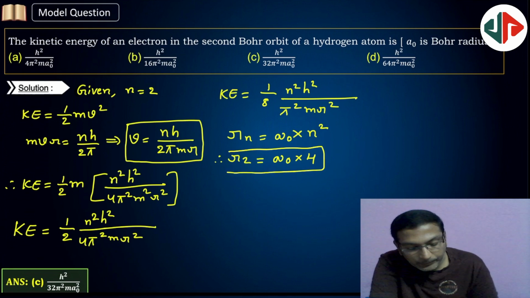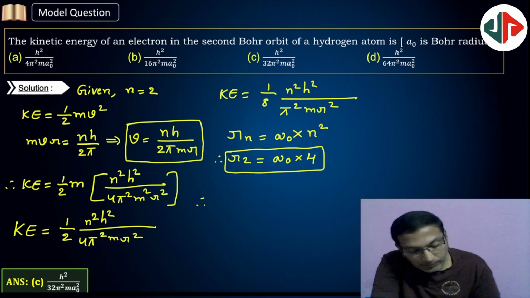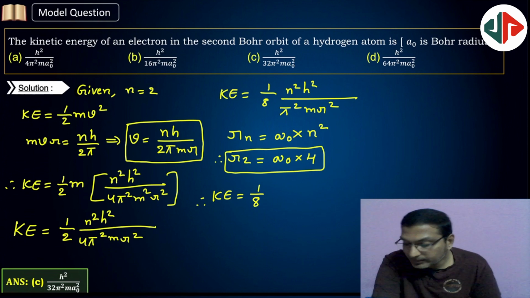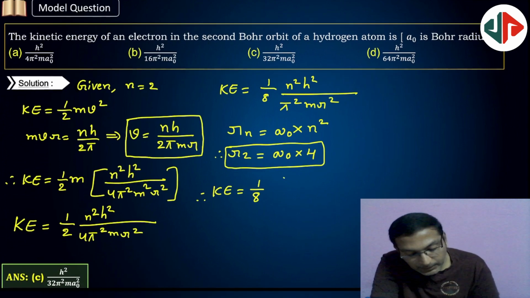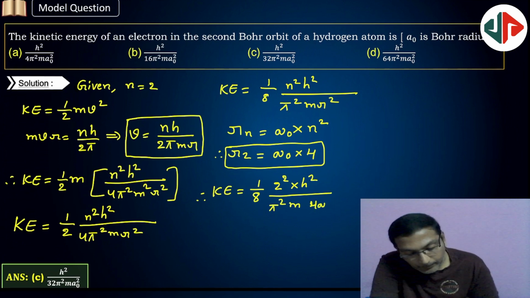Substitute R2 in the kinetic energy expression. Therefore kinetic energy equal to 1 by 8 into, in place of n, write 2 square, into h square by pi square m, in place of r, 4 a naught square.